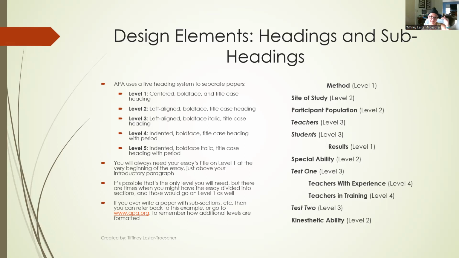Level 1 would be the title of your essay that you'll put on page 2. And then if you've broken the paper down into main sections, then the title of each section would also be a level 1 heading.